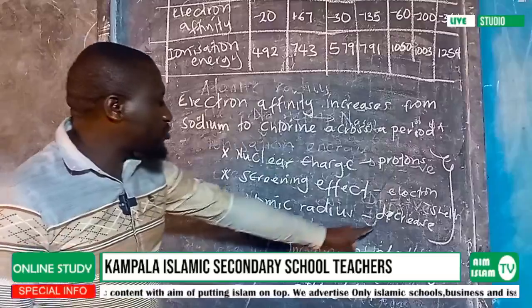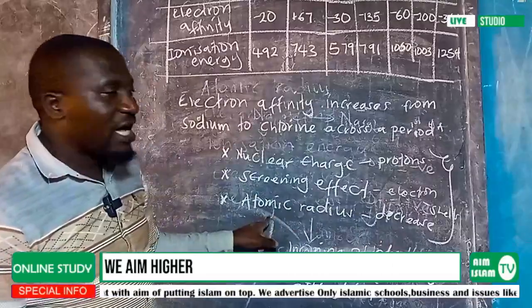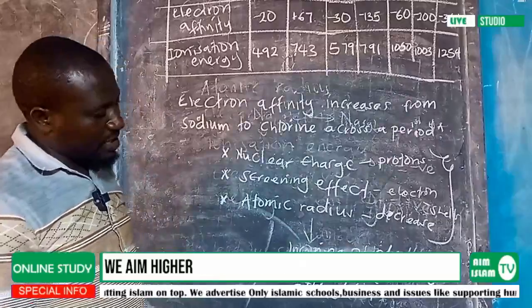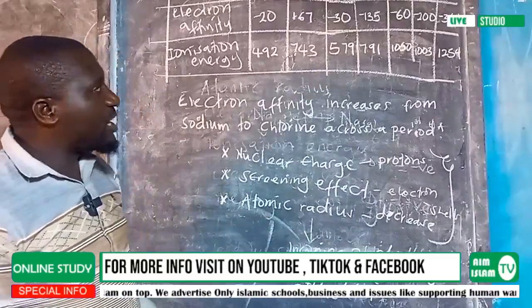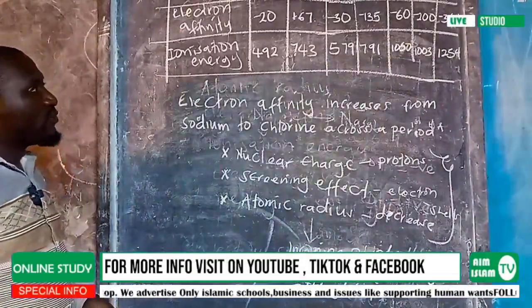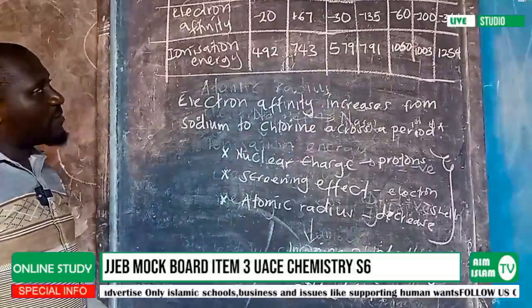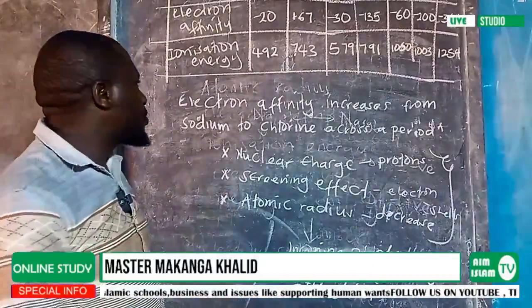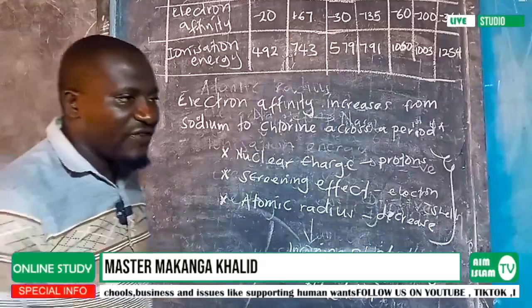This brings about the decrease of the atomic radius. Hence, the incoming electron experiences more attraction as we move from sodium to chlorine. Hence, an increase in electron affinity.